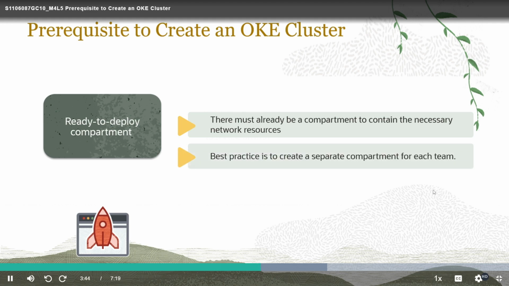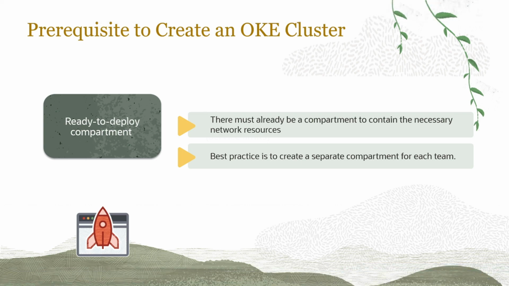It's important to note that these network resources can exist in the root compartment, but here's a best practice tip. If you anticipate multiple teams creating clusters, it's advisable to create a dedicated compartment for each team. This ensures organization and simplifies management. Now let's proceed to the next step of our preparation.